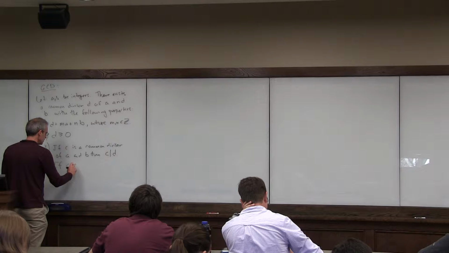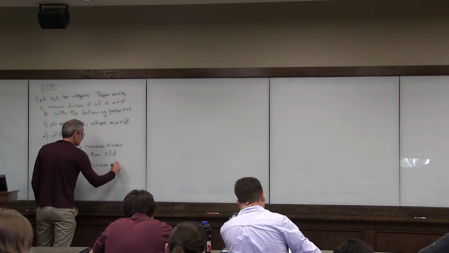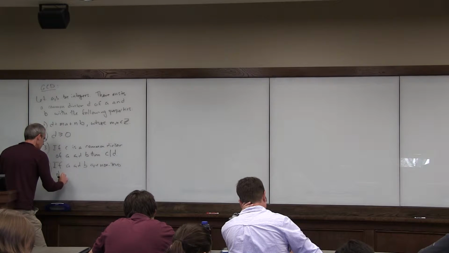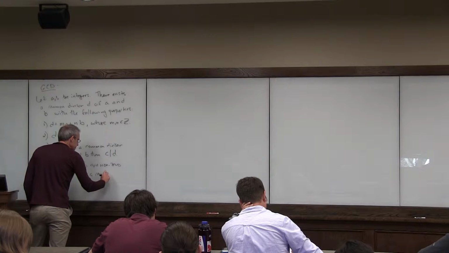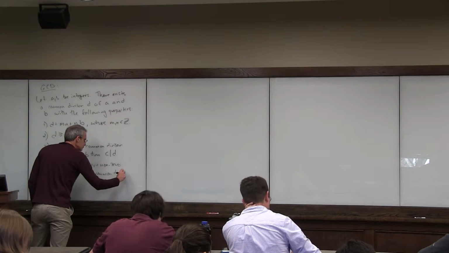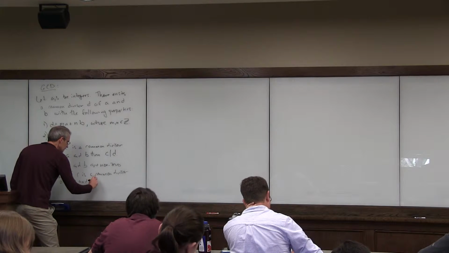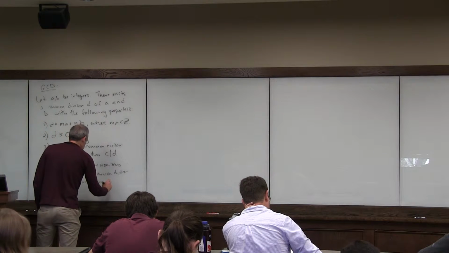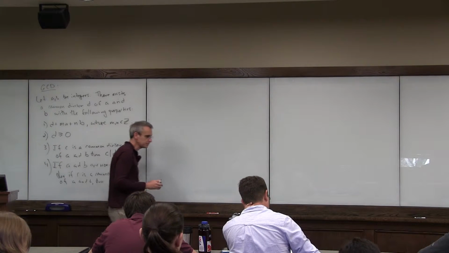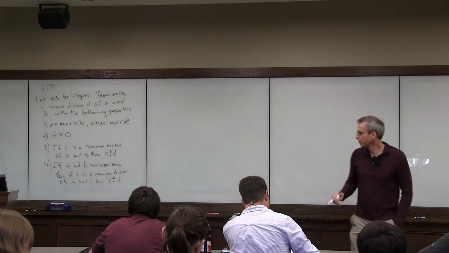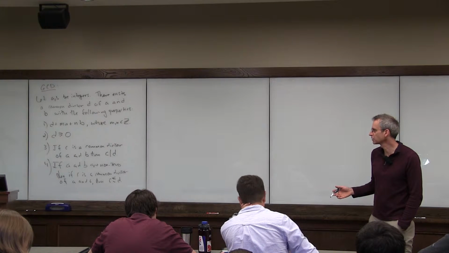If A and B are non-zero, then if C is a common divisor of A and B, then, excuse me, C is less than or equal to D. Okay, and the little part about them both being non-zero isn't actually in the text.